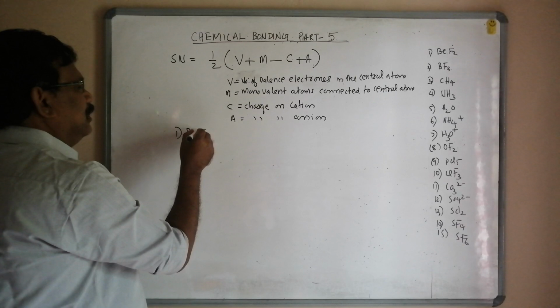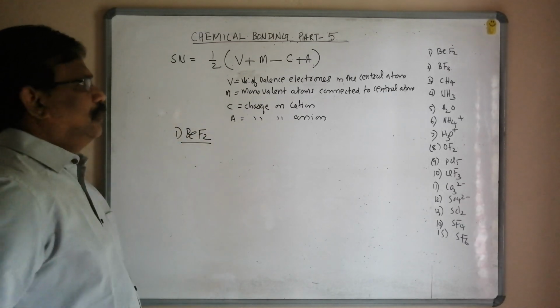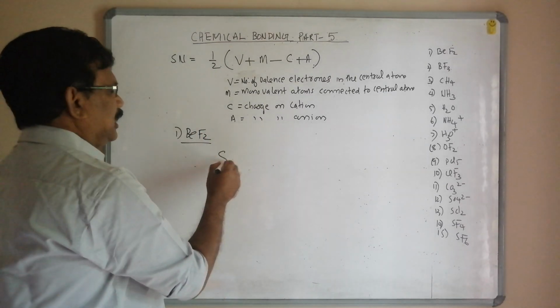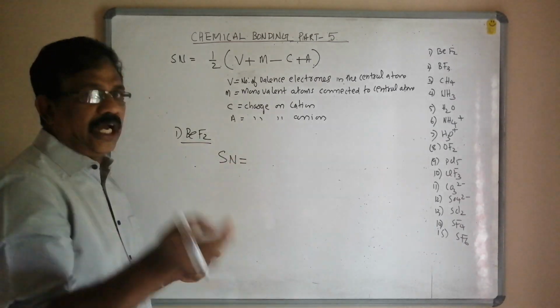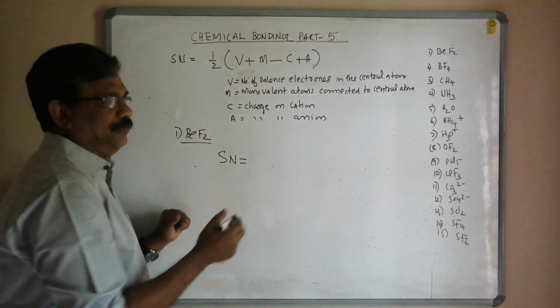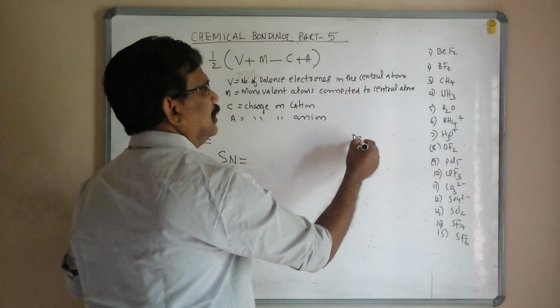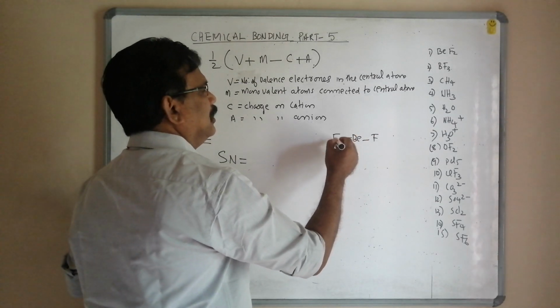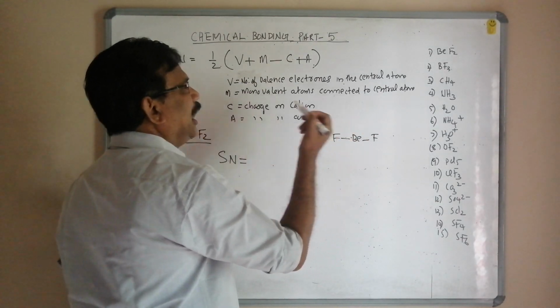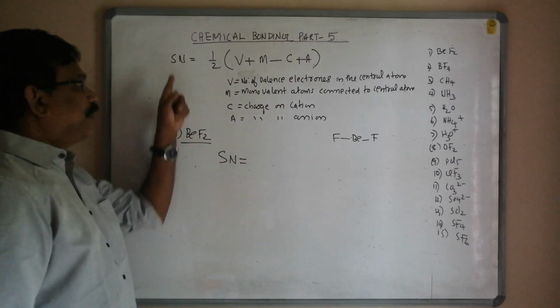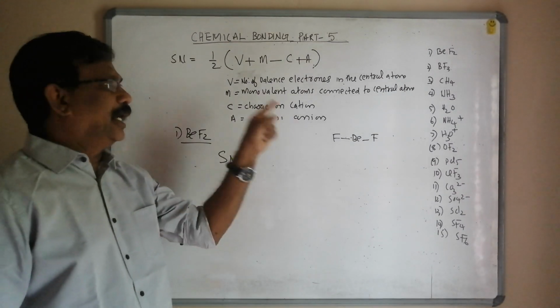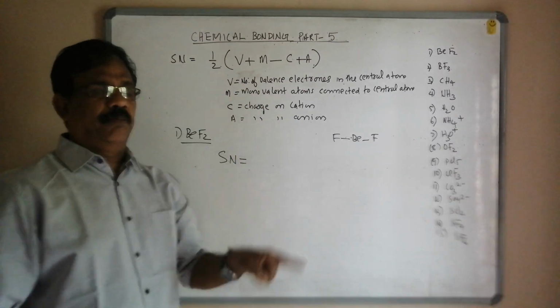Beryllium difluoride. Steric number is equal to the number of hybrid orbitals around the beryllium. So this is beryllium difluoride, and this is beryllium. The number of hybrid orbitals around the beryllium is the steric number.